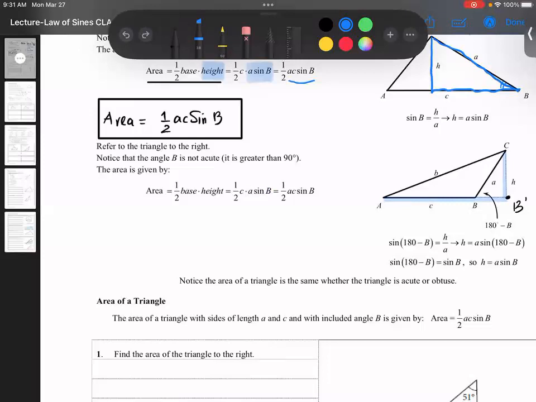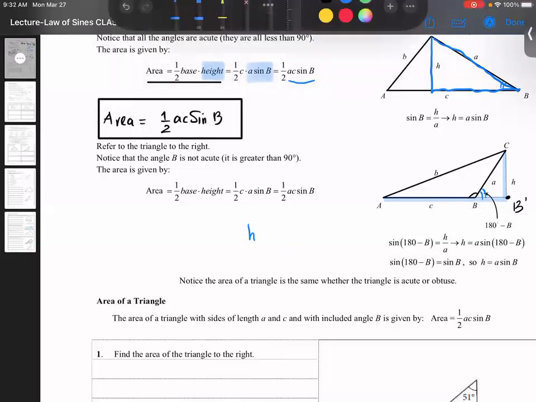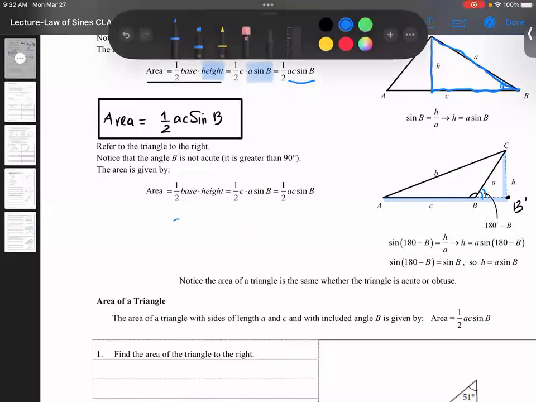I want to calculate H. How do I calculate H? In order to calculate H, I'm going to use this angle right here. The angle is 180 degrees minus the original one, which is the obtuse B. So H equals, let's say sine of 180 minus B is equal to, again, opposite divided by hypotenuse.